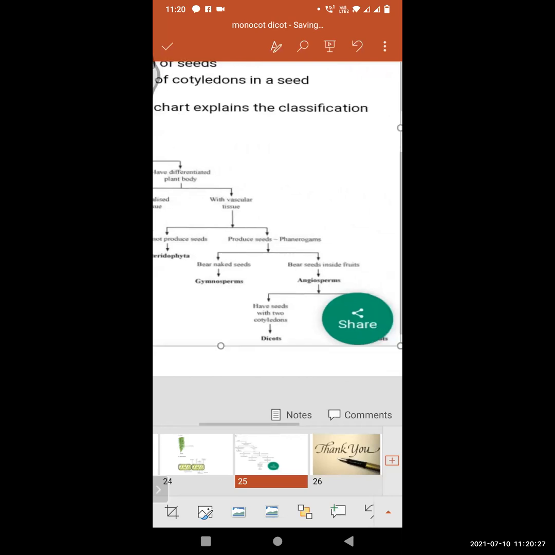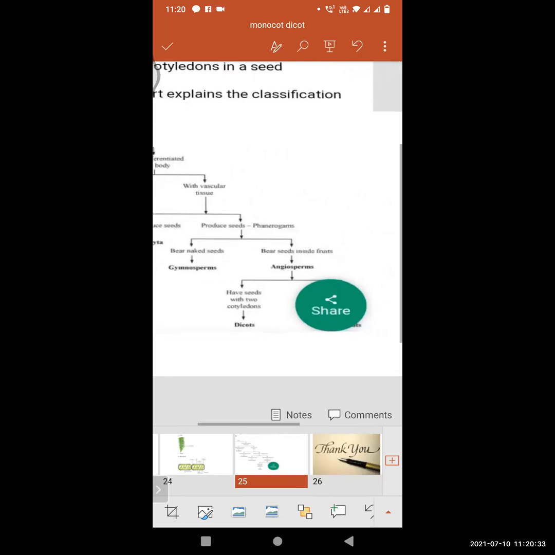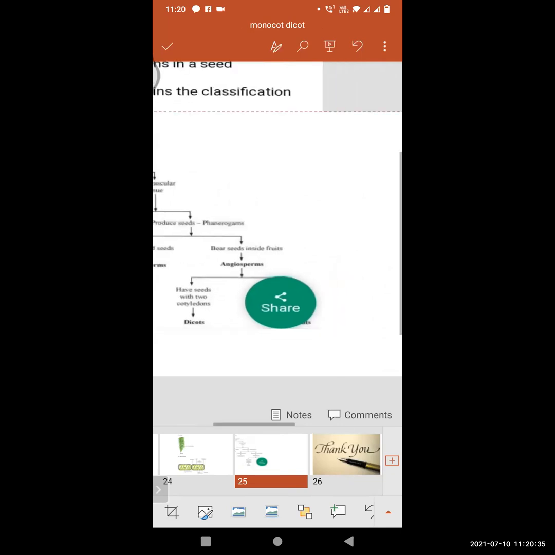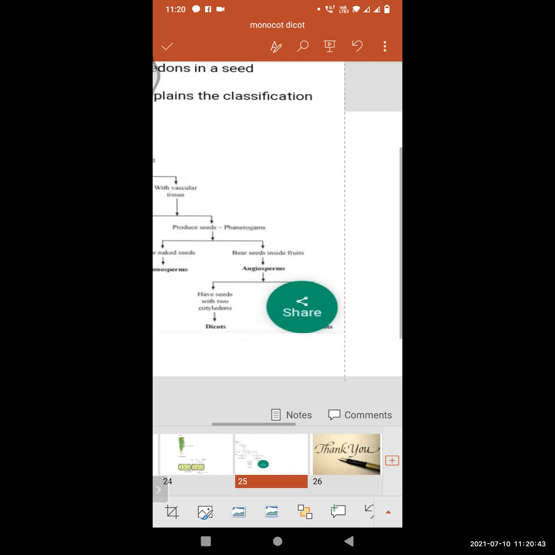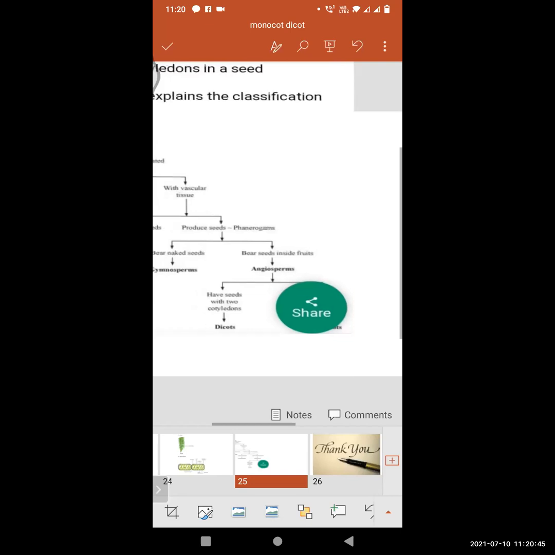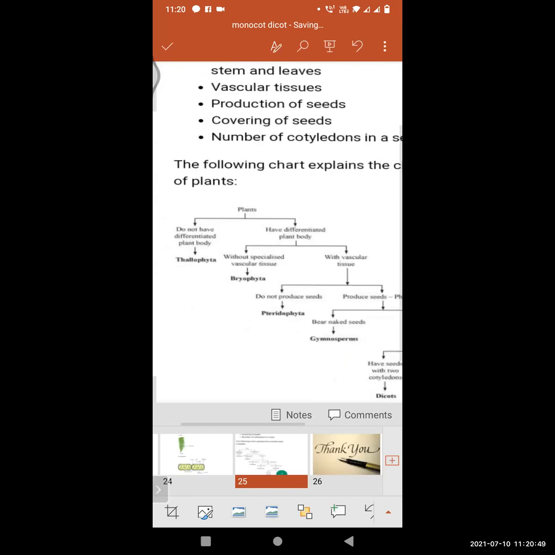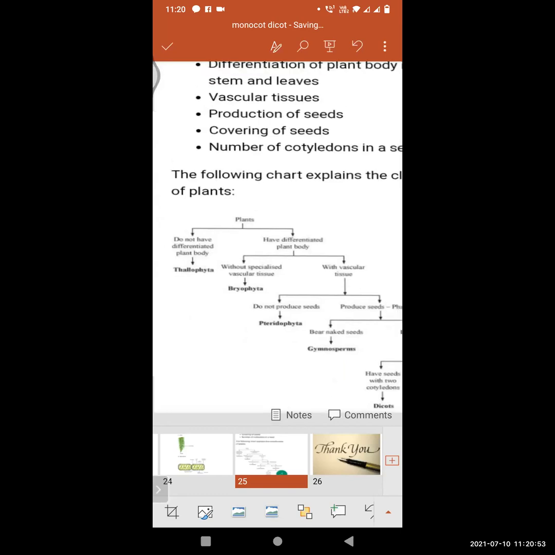How they are classified depends on the characteristic, whether they have naked seeds or the seeds are inside the fruit. Then angiosperms are divided into 2, monocots and dicots, having 1 cotyledon and 2 cotyledons. So in this manner, to explain this answer, which are the criteria of the classification, you also have to explain how they are classified on the basis of the criteria.